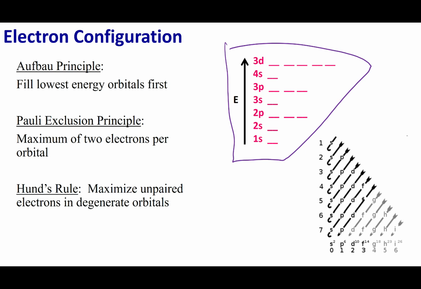You want to maximize the number of unpaired electrons in your system. You can use whatever you want to draw your energy diagram: either this way to generate the picture, memorize the picture, or use the formula n plus l to figure out what's the lowest in energy.